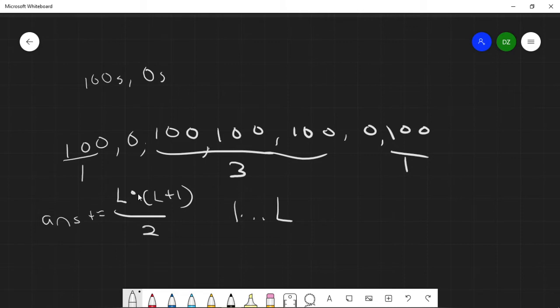This is because you have one segment of length L, two segments of length L minus 1, and then dot, dot, dot till 1. And in this case, there would be three different segments of length 1. That's kind of how the pattern goes, and that's how it increases by this amount.